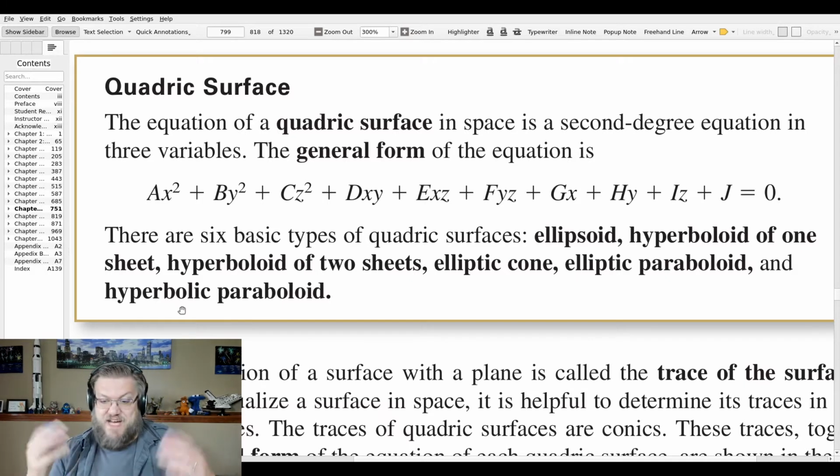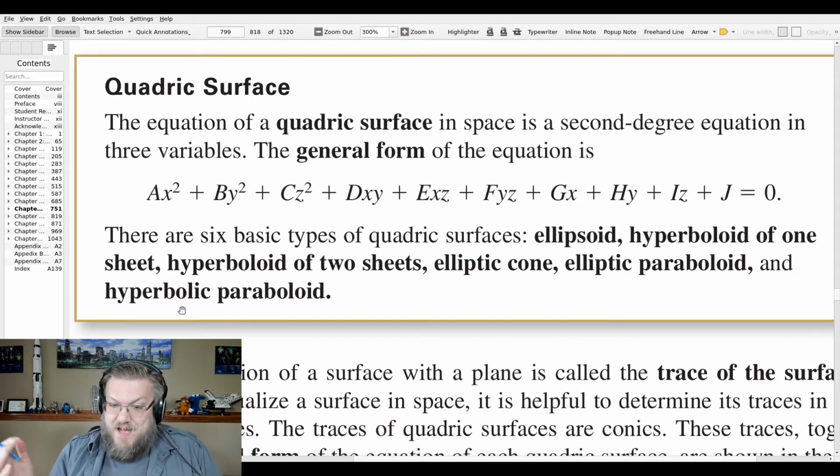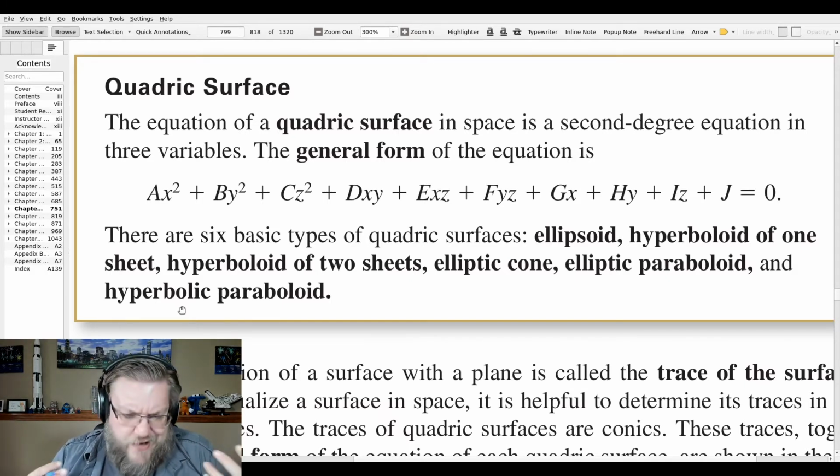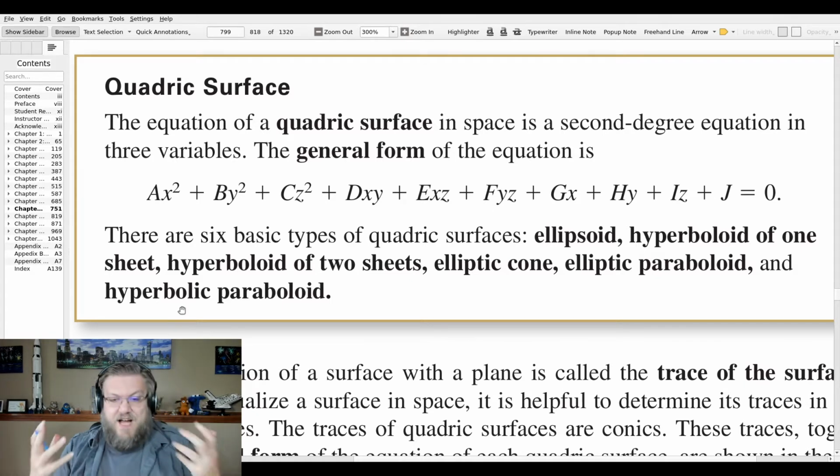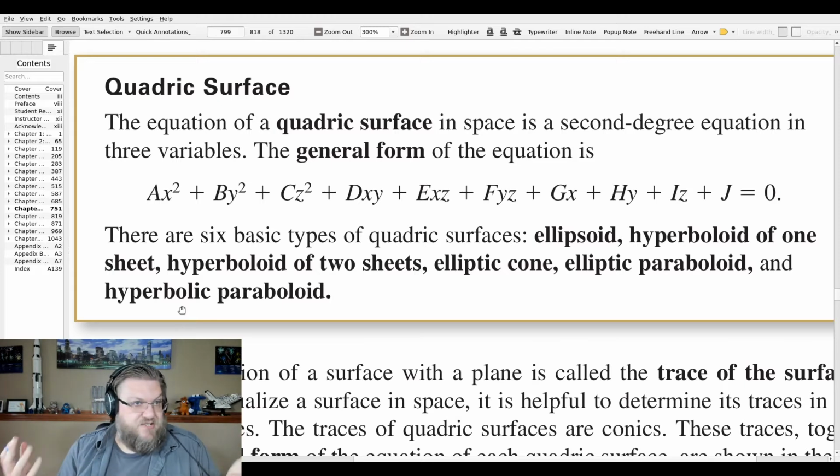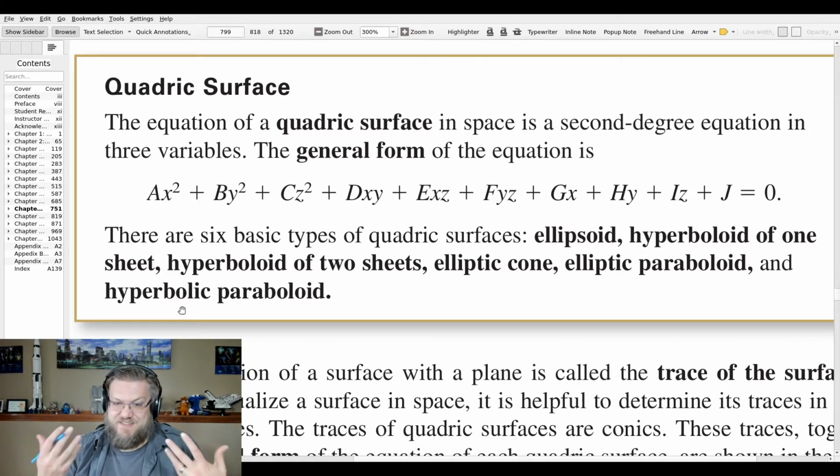You will see that the names actually do sort of make sense, but it's not like a quiz where you're going to be like, name this thing, name that thing. I'd rather you be able to work with the formulas and recognize that it's a quadric surface, or recognize that, yep, we worked with those sorts of things. So that's more important than just memorizing the labels associated with that, right?